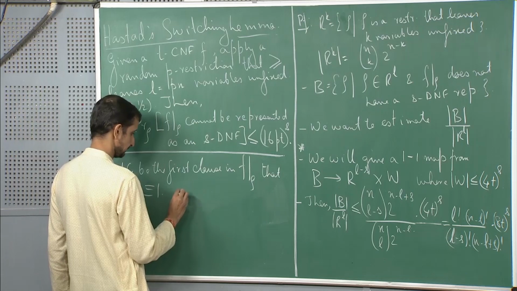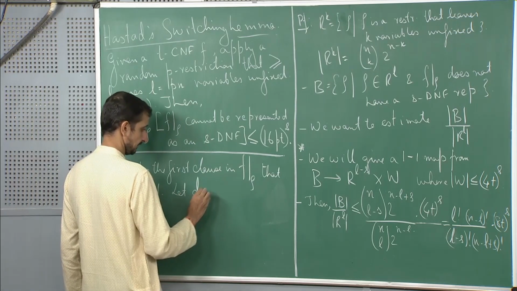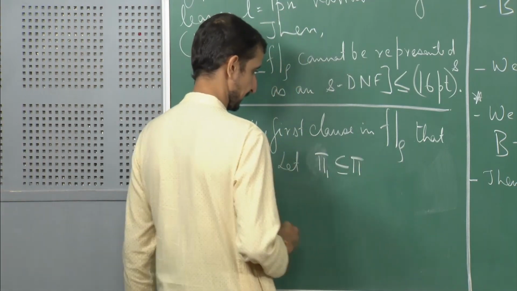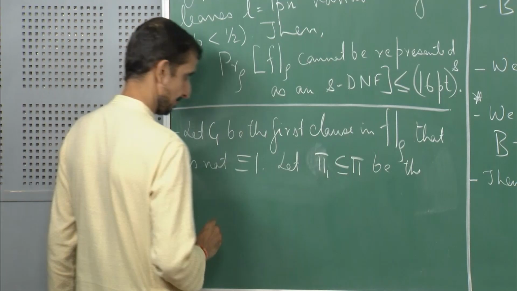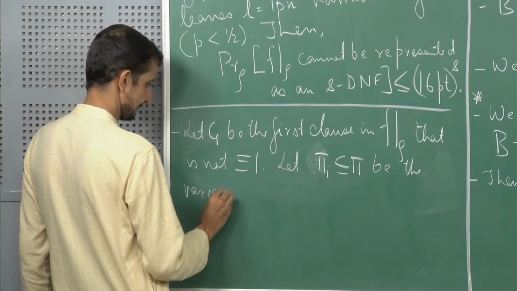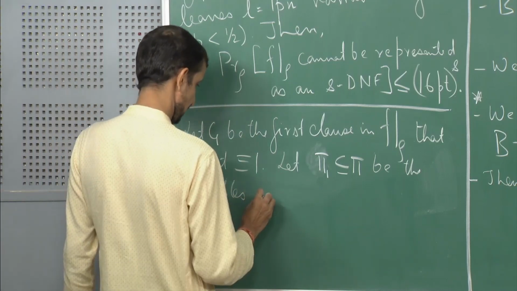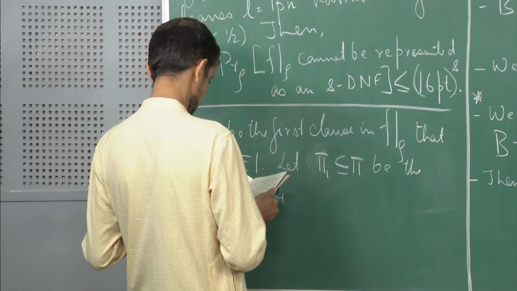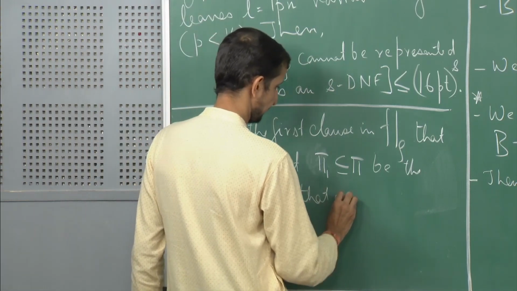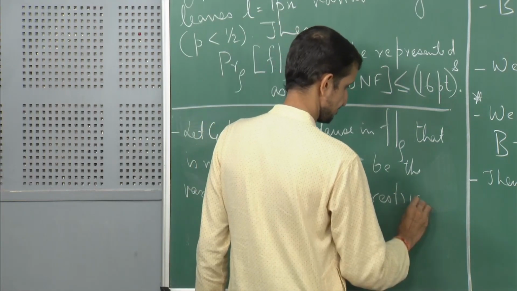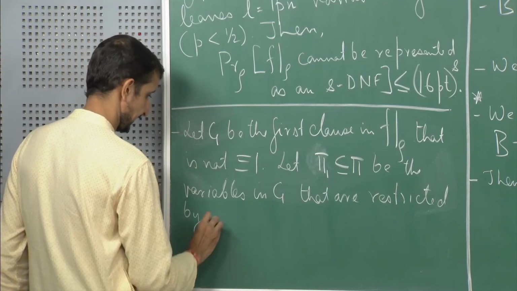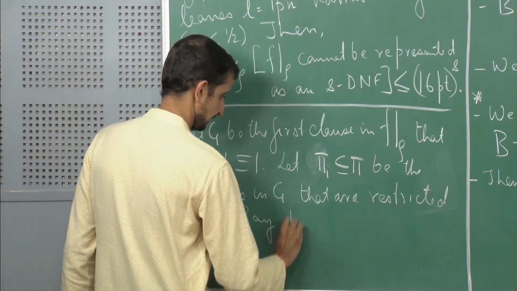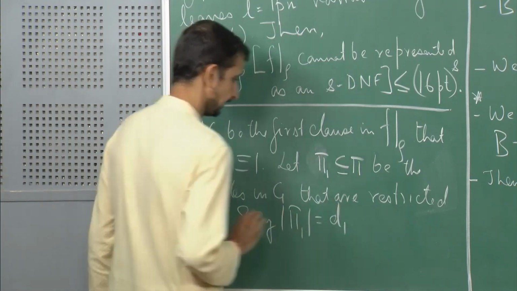Let pi 1, a subset of pi, be the variables that are restricted by pi, and let us say that the size of pi 1 is some d1.